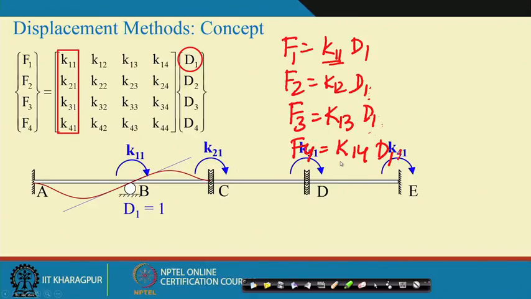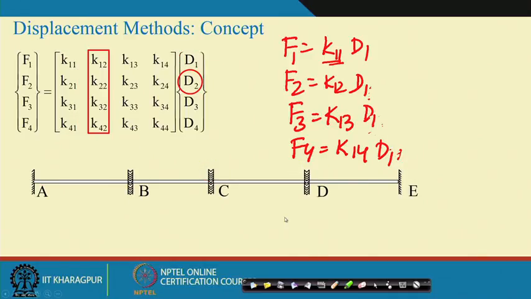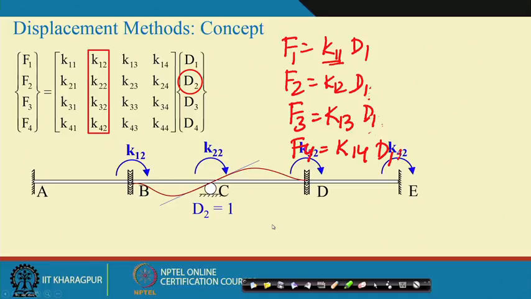Now, similarly, if we take D2, meaning we apply unit rotation at C, then the contribution at F1 becomes K12 into D2.